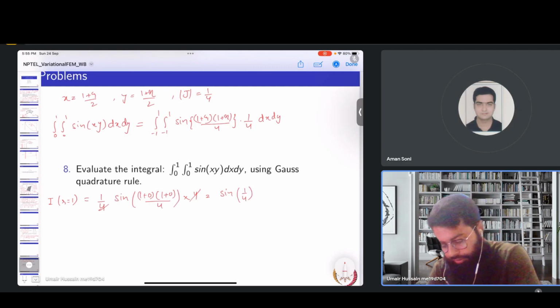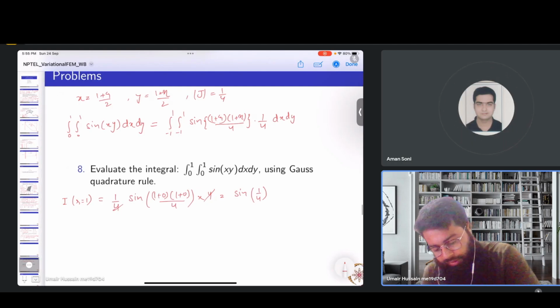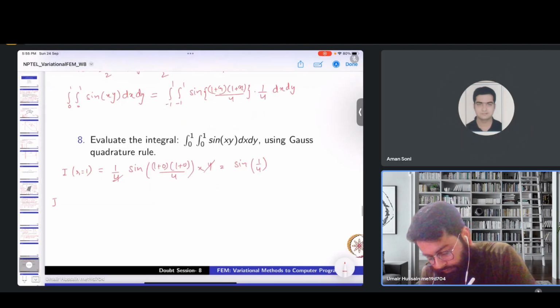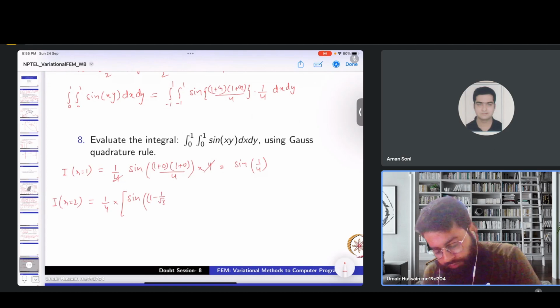We'll leave it like this for now until we have to compare it. Then for r equals to 2, we have 1 by 4 into sine of 1 minus 3. So we just have to apply sine on the last thing that we did.